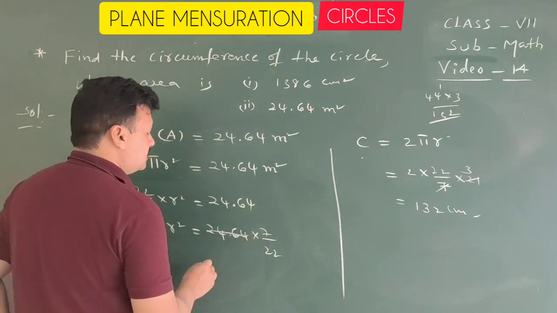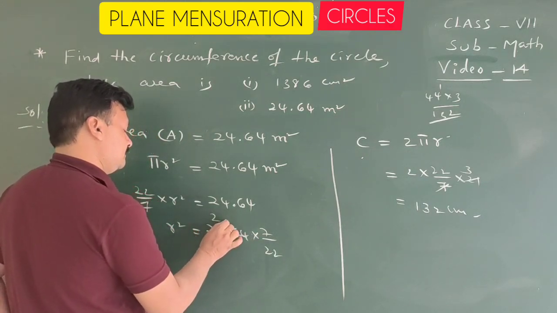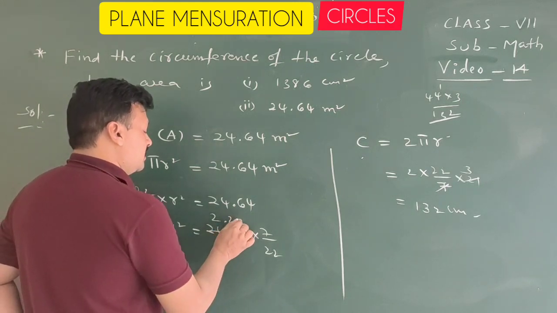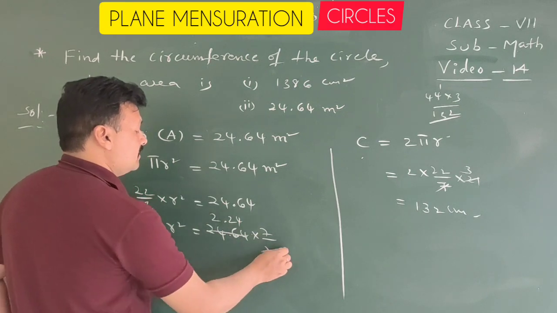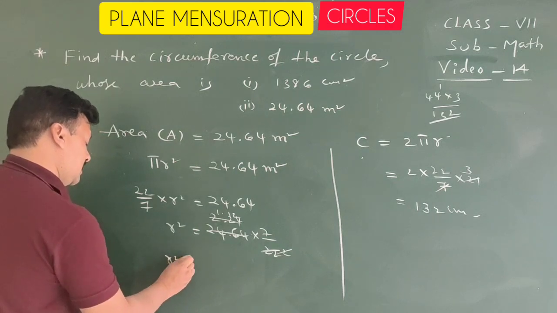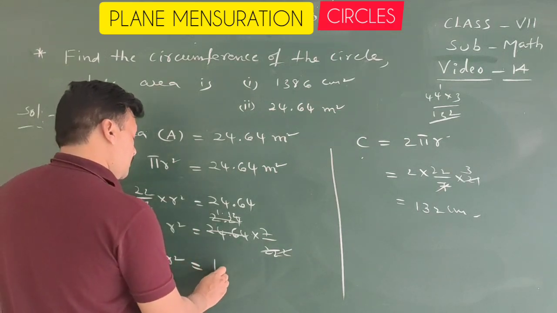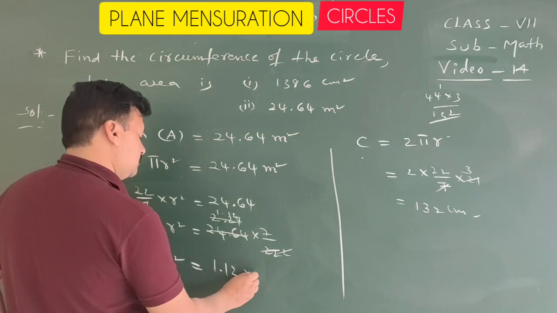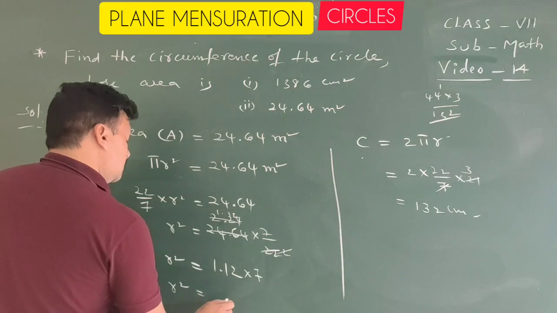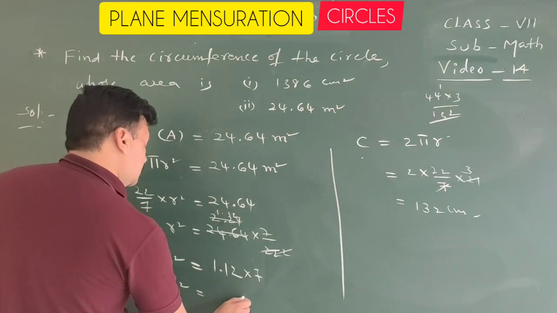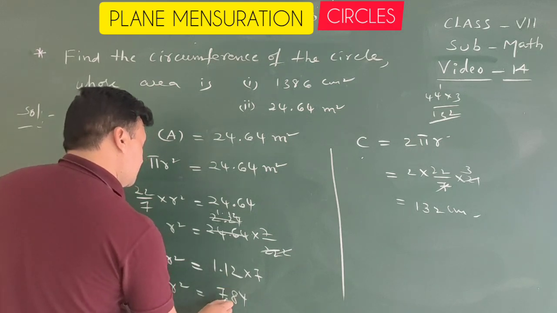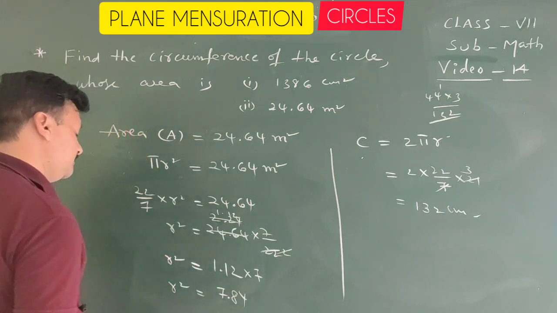So here again 11 2s are 22, 2 times. 26 means again 2 times. 44 means 4 times. So r square equal to 1.12 into 7. So r square equal to 7.84.